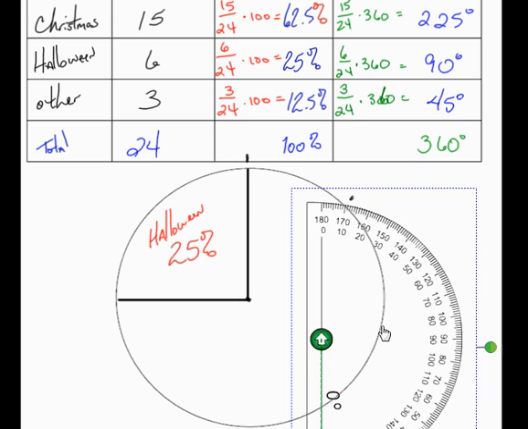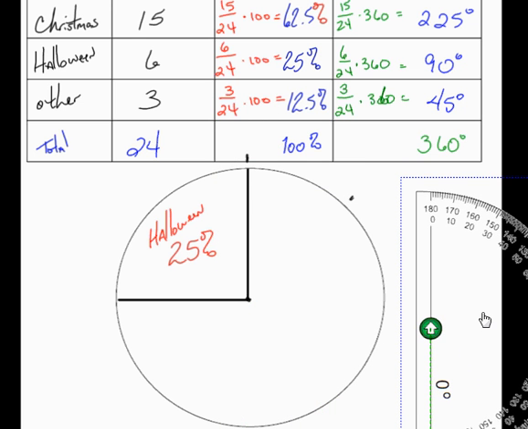So I move my protractor out of the way, or use it as a straight edge, and I draw from here to the center of the circle. That portion is 45 degrees, which is my other category, for 12.5%.